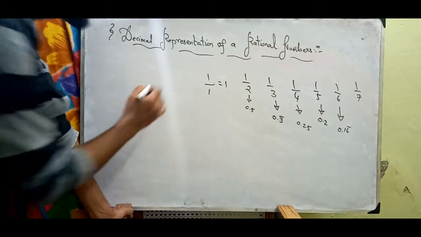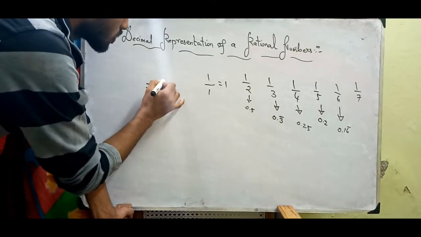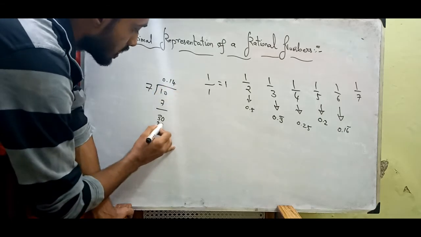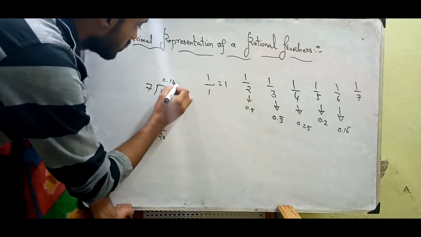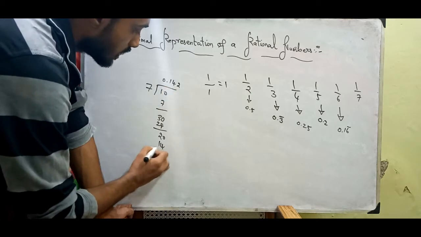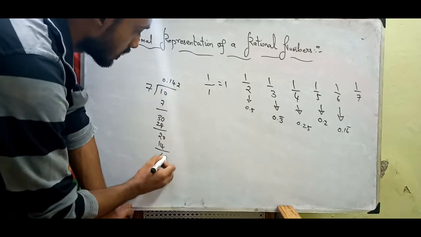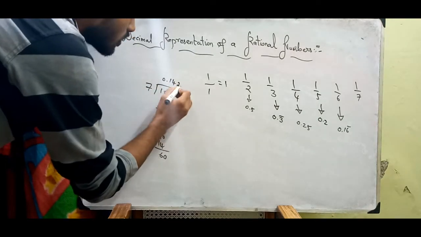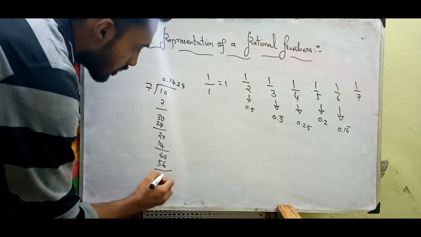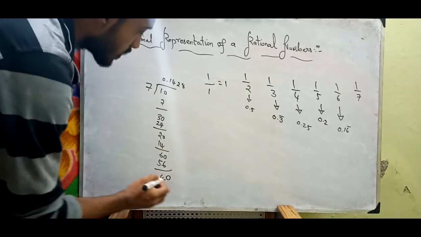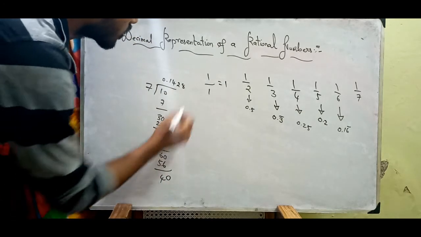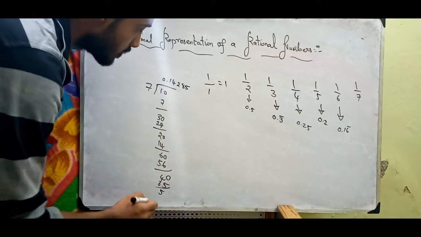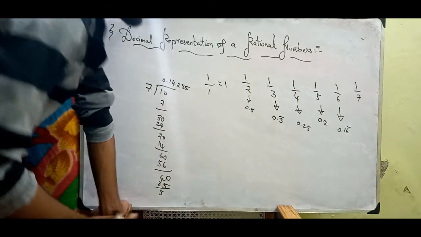What about 1 by 7? So 0.1, 7 times 1, so remainder 3, already 30, so 7 4s are 28, remainder 2, 20, 7 2s are 14, remainder 6, 60, so 7 8s are 56, remainder 4, okay, 40, so 7 5s are 35, remainder 5, and it goes on in this way.